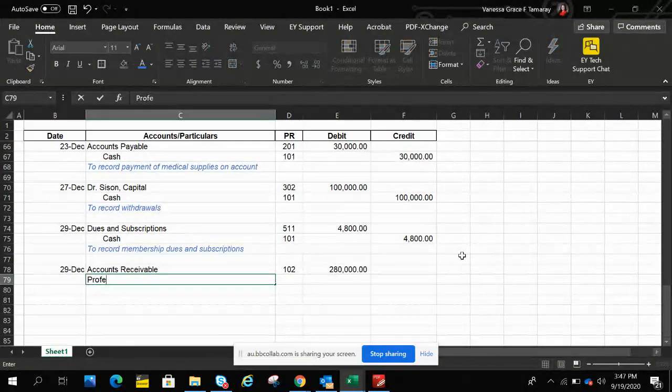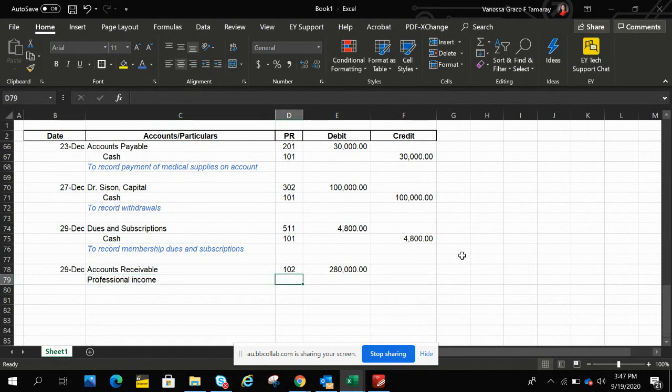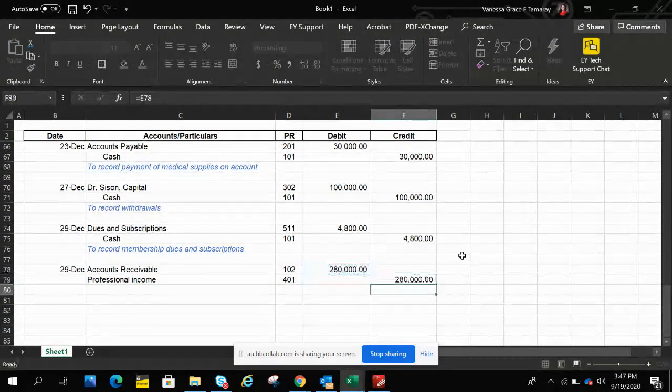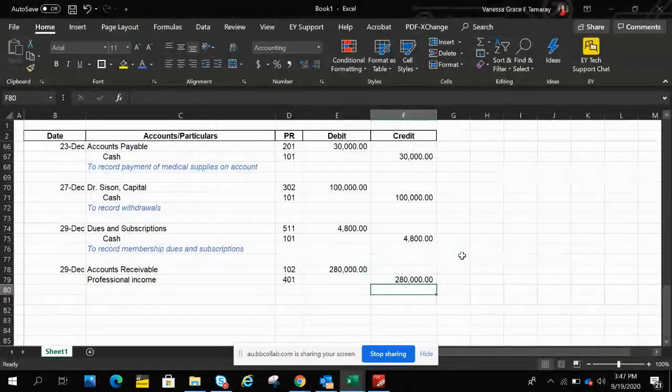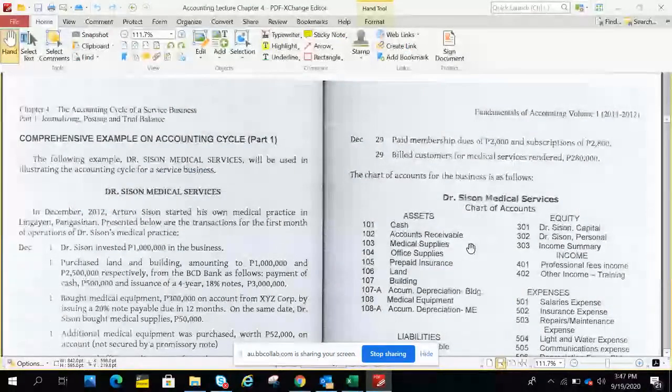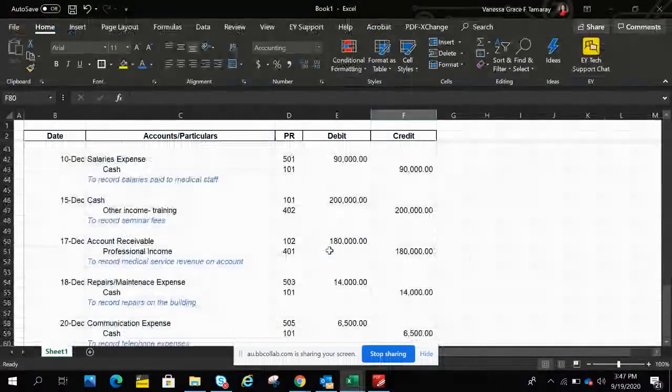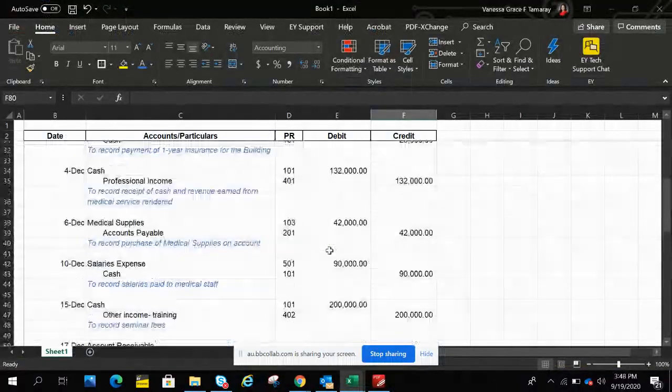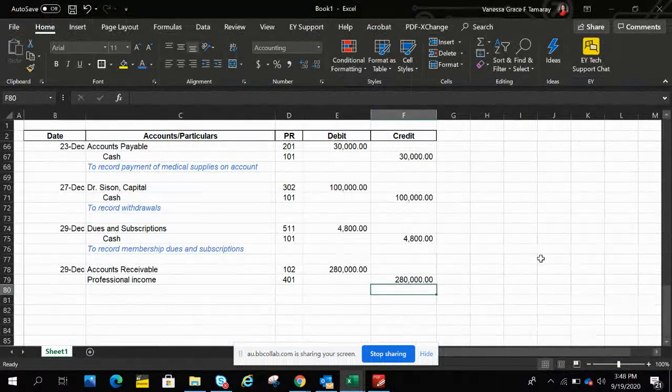So, we have professional income. This is 280,000 pesos. Okay. So, now we have finished our journal entries already. Now, we are going to prepare the general ledger.